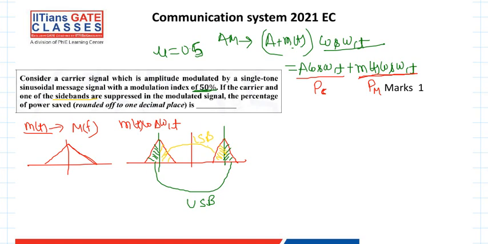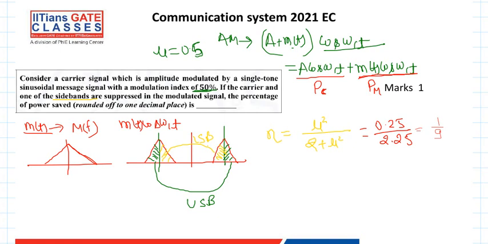Now let's use this mu to calculate further. The efficiency of the AM, eta, is given as mu square upon 2 plus mu square, which is 0.25 upon 2.25, which equals 1 by 9.